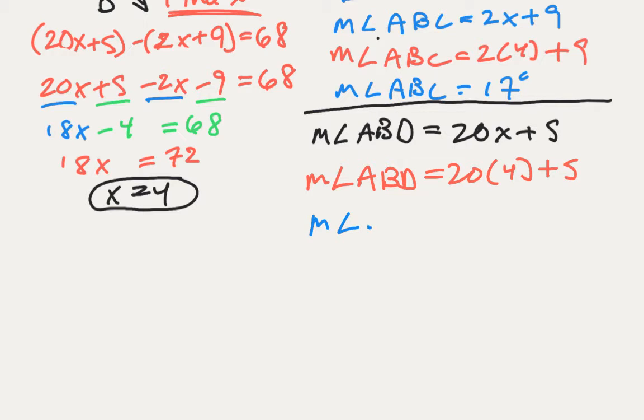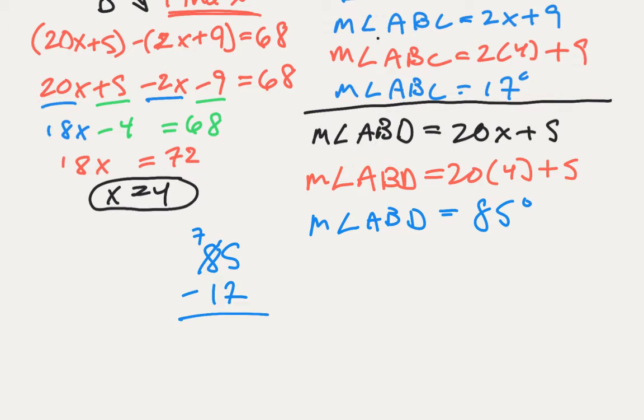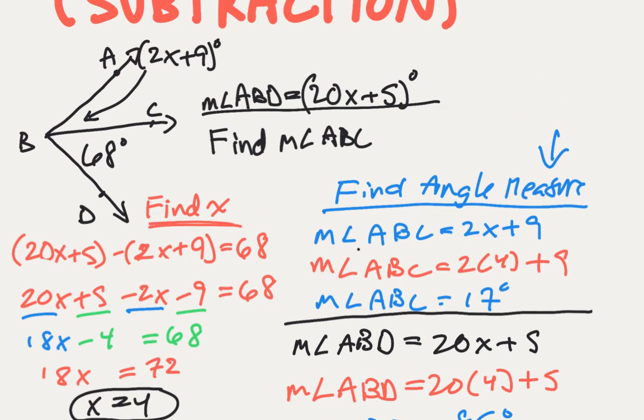So that's 20 times 4 is 80 plus 5 is 85 degrees. And part of the reason I wanted to do that was because I can check 85, take away 17. I had to borrow, that becomes a 7 and a 15, and that's 8. 7 minus 1 is 6. So that's 68 degrees. And if you go back and check, yep, sure enough, 68 degrees.